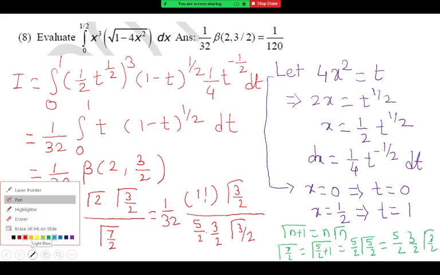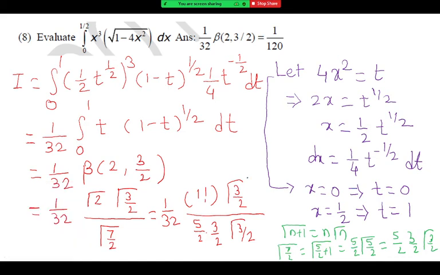Actually, gamma 3 by 2 also can be simplified, and that can be written as 1 by 2 gamma 1 by 2, which is 1 by 2 root pi, but it cancels at the end, so no need to replace those values. Remaining is just a number that you can simplify with a calculator. Use a calculator and get this answer. The last step, you get 1 upon 120 as an answer as a fraction, or you can write it in decimal also.